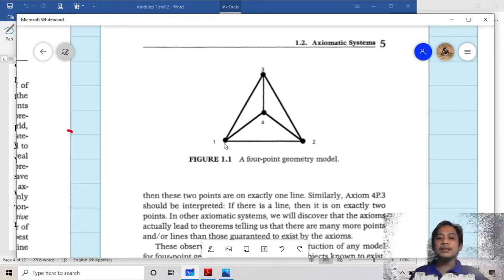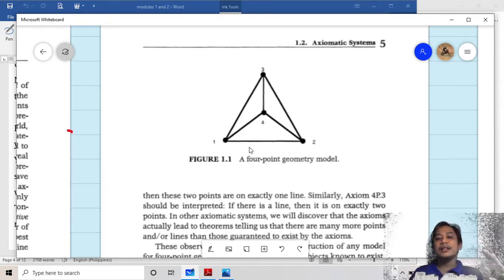So we have the dots 1, 2, 3, and 4, and here are the line segments connecting the dots. We see that first, axiom 1 is true because there are exactly 4 points.